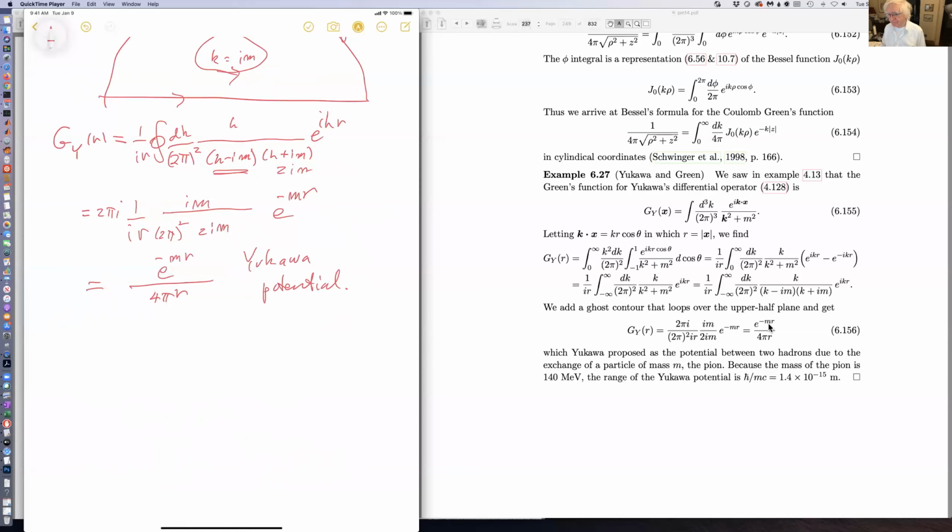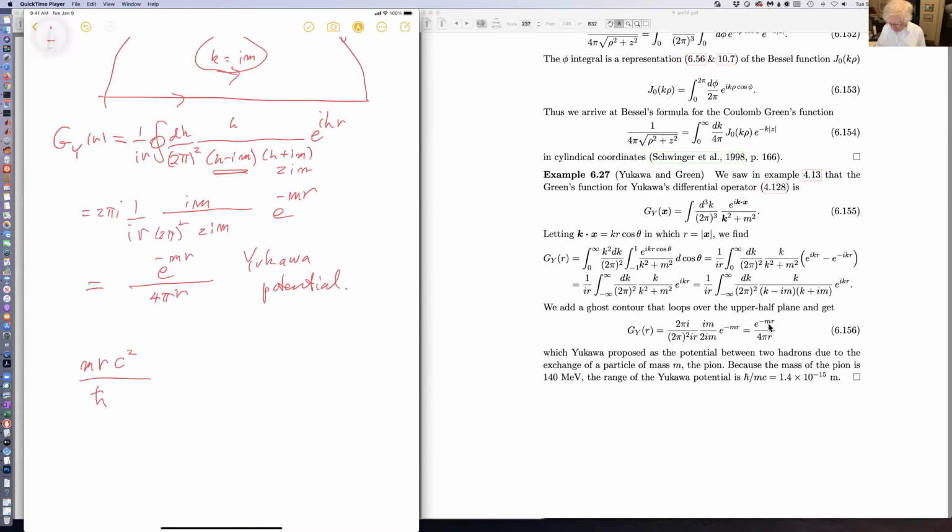dimensionless. And so let's see, suppose I take mr and I multiply by c squared. Now I've got mc squared times the distance. Now, if I divide by h bar, that's an energy times a time.